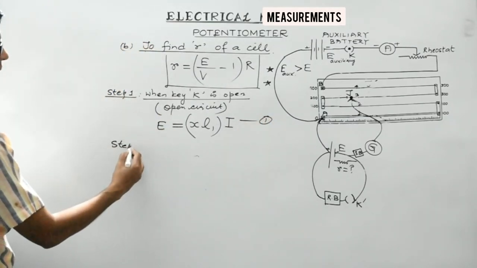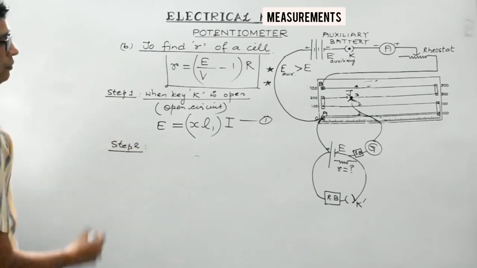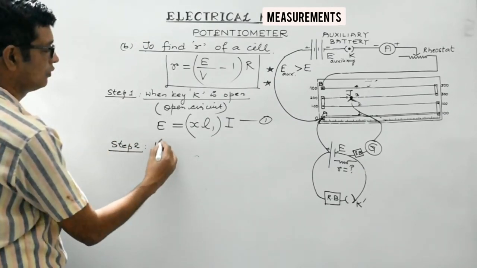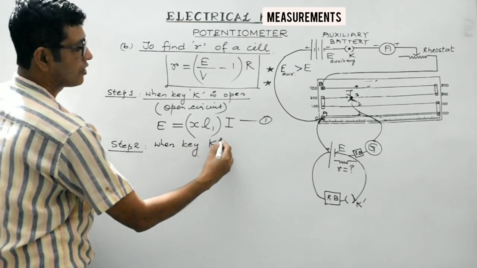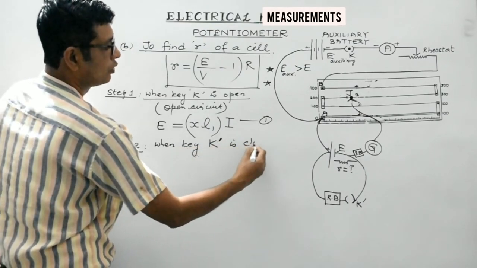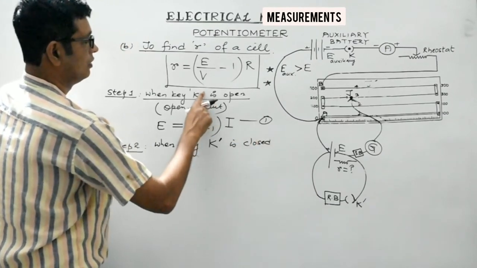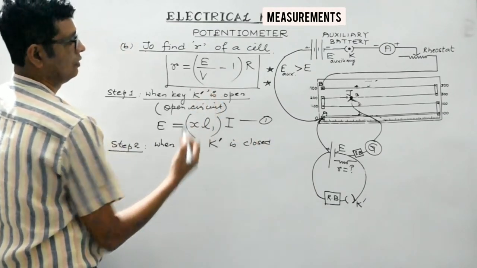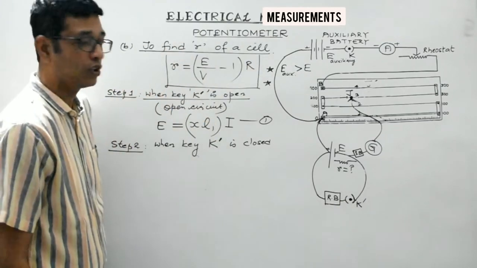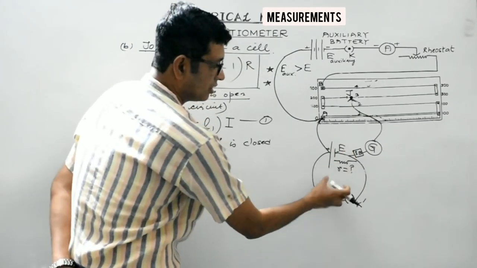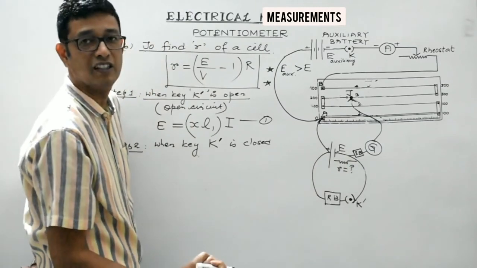Now step 2. When key K dash is closed, the circuit will draw some current from this cell.